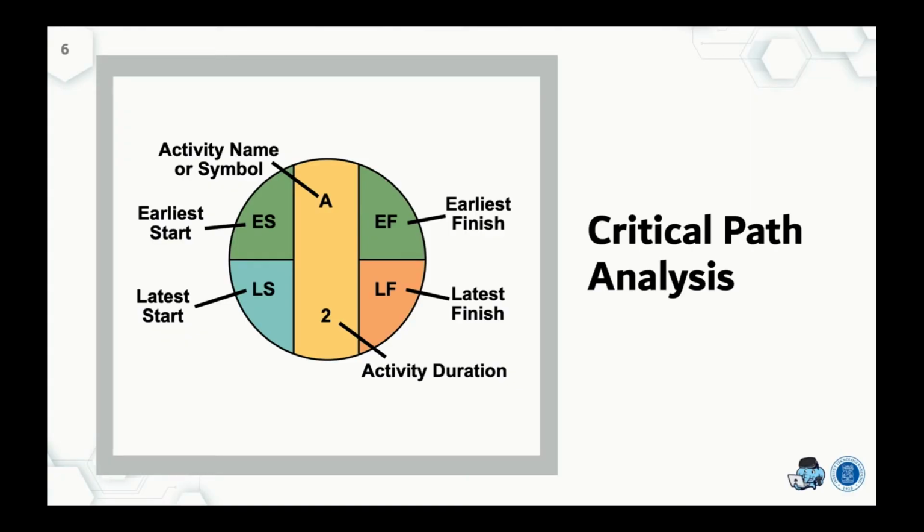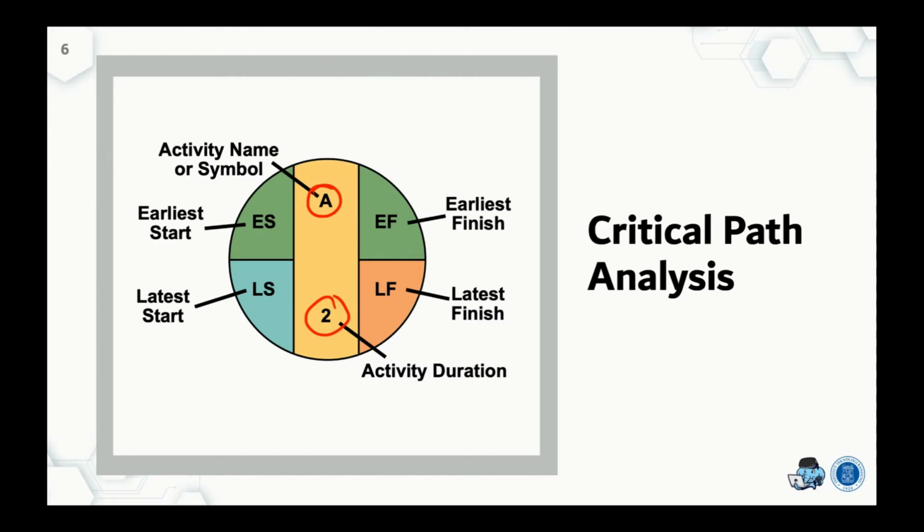The activity name or symbol goes here, for example activity symbol A, and then the activity duration. We put both the activity name or symbol and the activity duration in the middle of this circle. Then the left-hand side we divide into two areas, and the right-hand side we also divide into two areas.